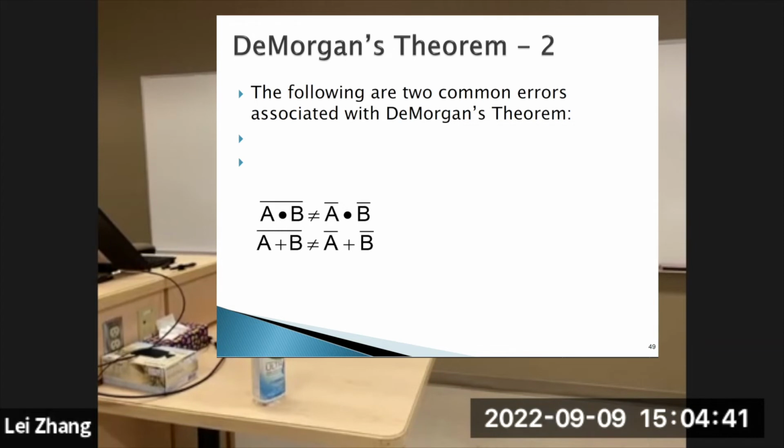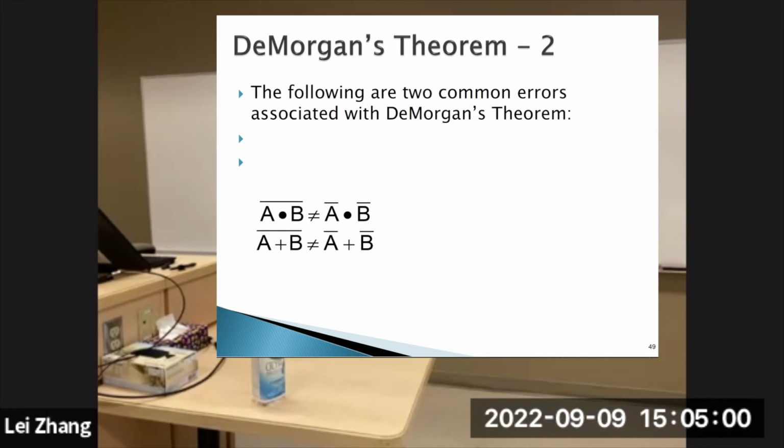So this is a NAND gate. The dot represents AND. You can delete the dot, simply writing A, B, which also represents AND. So A AND B inverted is a NAND gate.